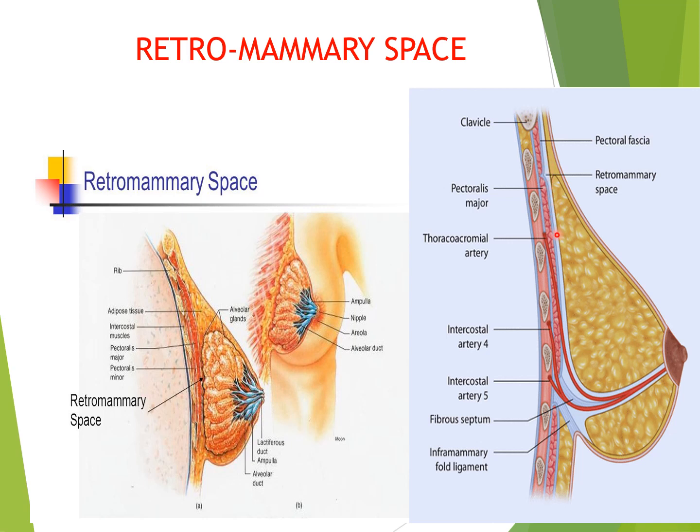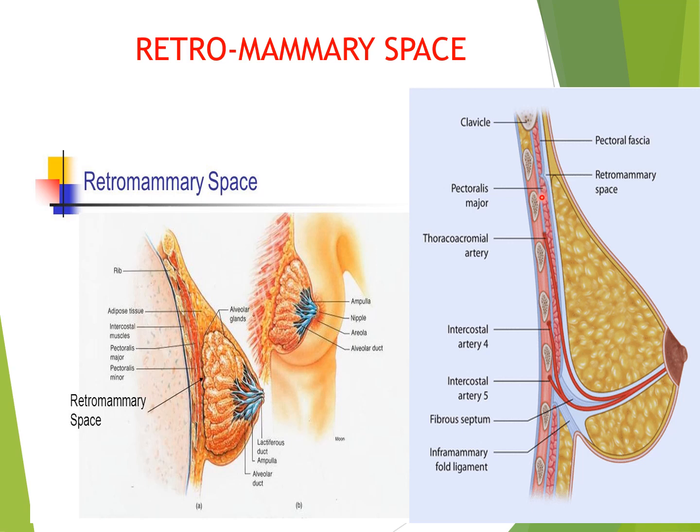Now why is there a space? Because of this space, the normal breast in a female can be moved freely over the pectoralis major muscle.